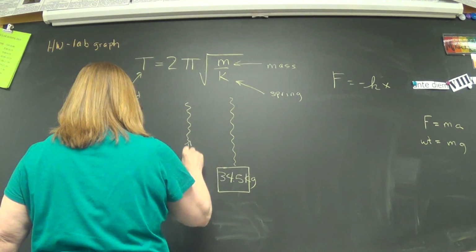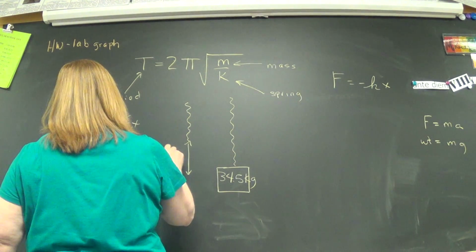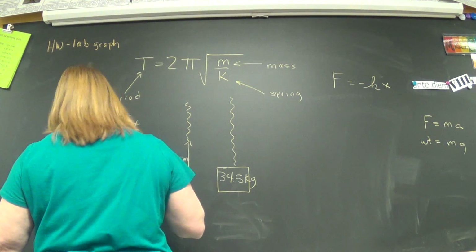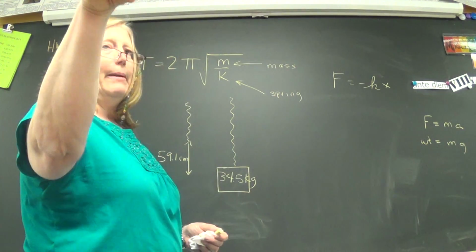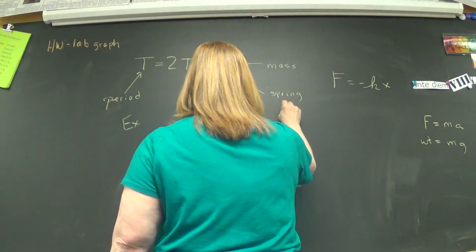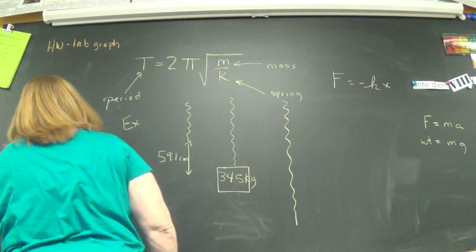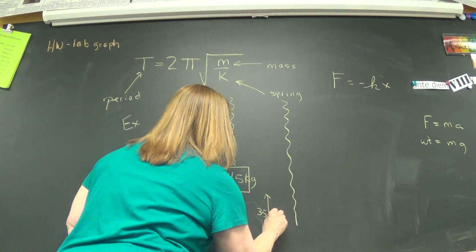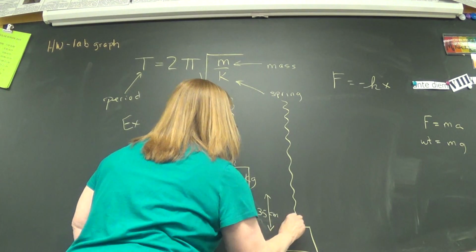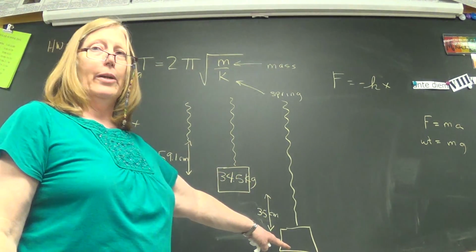So when I stretched, that mass stretched it down 59.1 centimeters. And now it's just hanging there, and I'm going to take it and pull it down further. So when I pull it the next time, it goes an additional 35 centimeters. And that's the scenario.